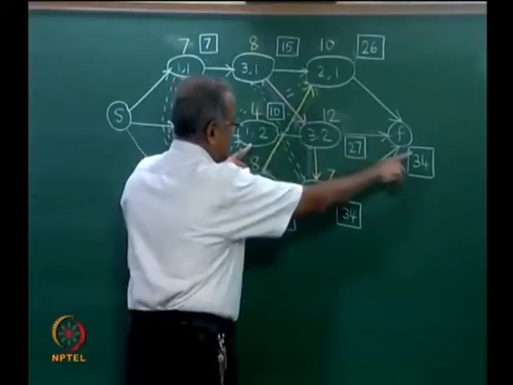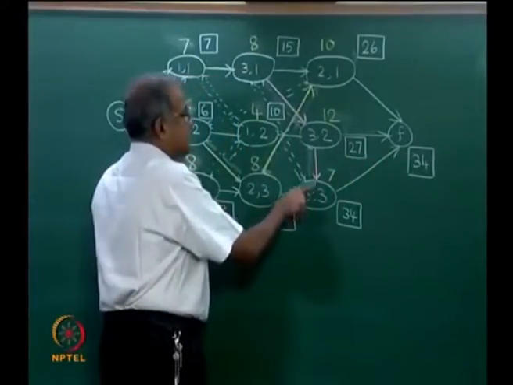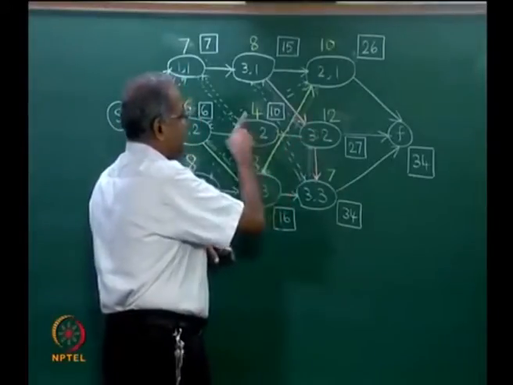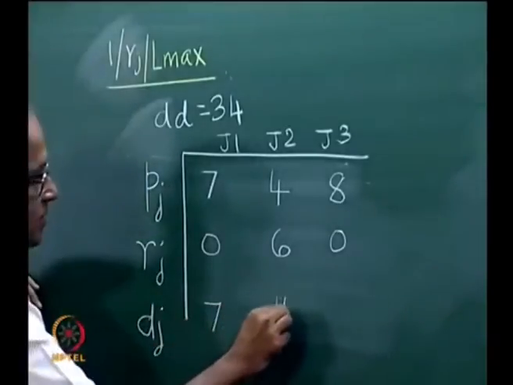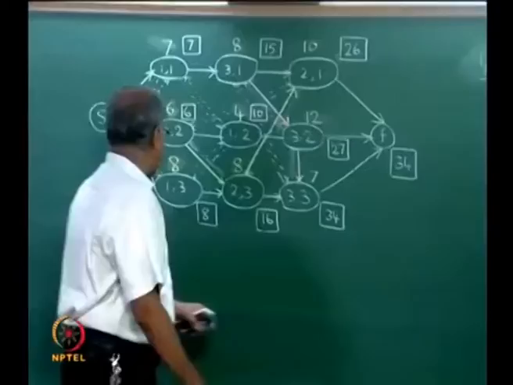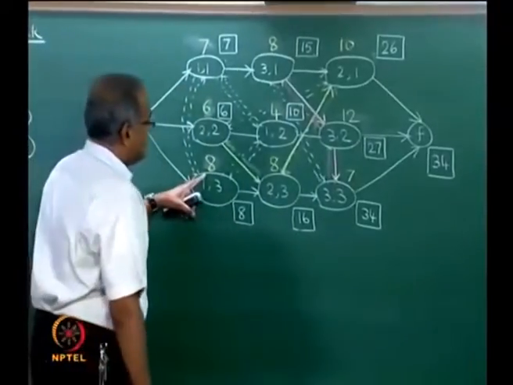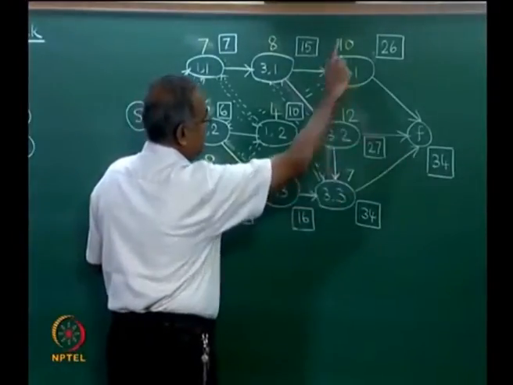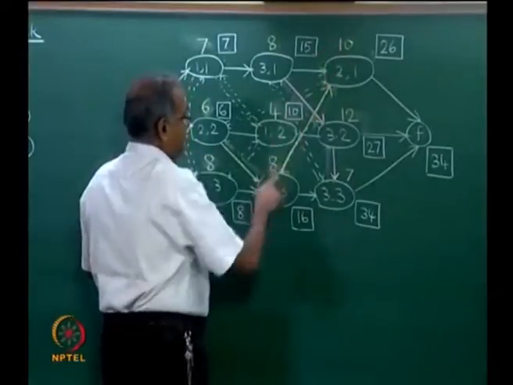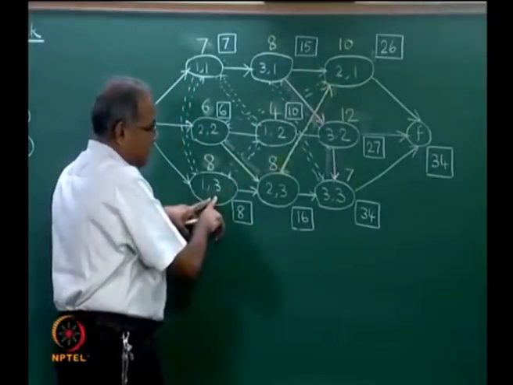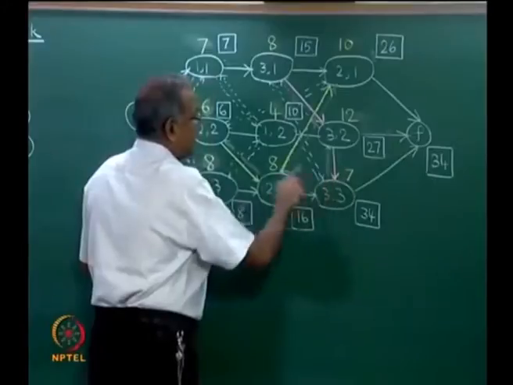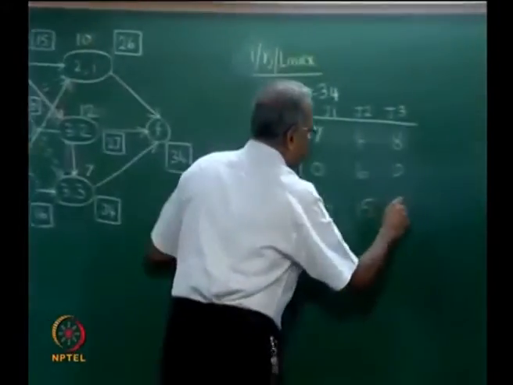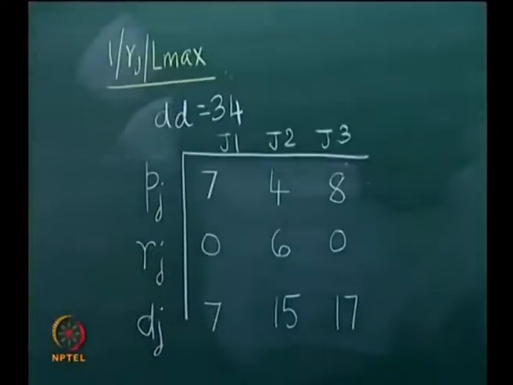So 34 minus 7 27, 27 minus 12 will be 15. So the due date will be 15, and for J3 which is here, 34 minus 10 plus 8 would give us 17.